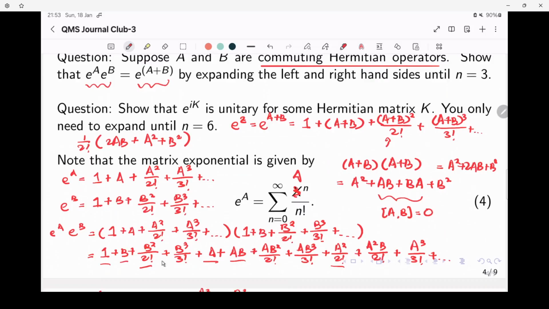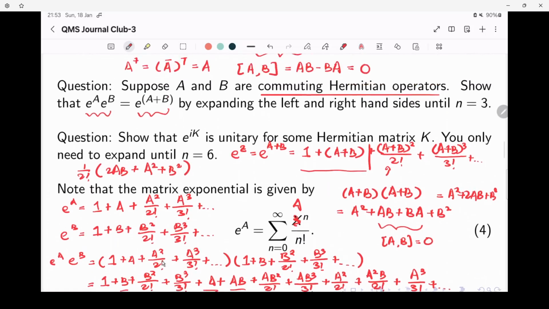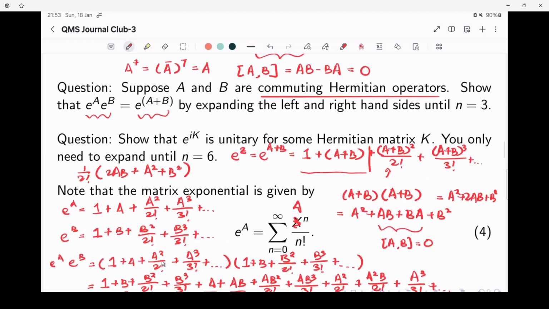If they do not commute, up to this point they are the same, but afterwards they won't be the same. This is why only for commuting Hermitian operators can you use this identity. If they don't commute and you use this identity, you are only approximating, you are not writing the exact solution.